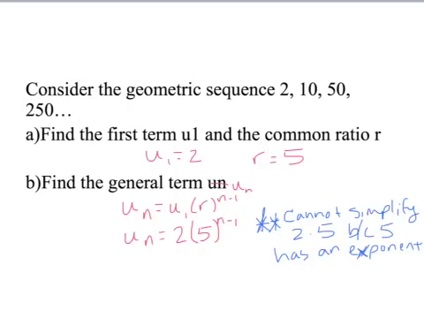Because of this exponent, the n minus 1, you can't take 2 times 5. Sometimes I see students make this 10 to the n minus 1. You cannot do this. Order of operations says the exponent needs to be taken care of first. Since we don't know what n is, this is the most simplified form you can write this equation in.